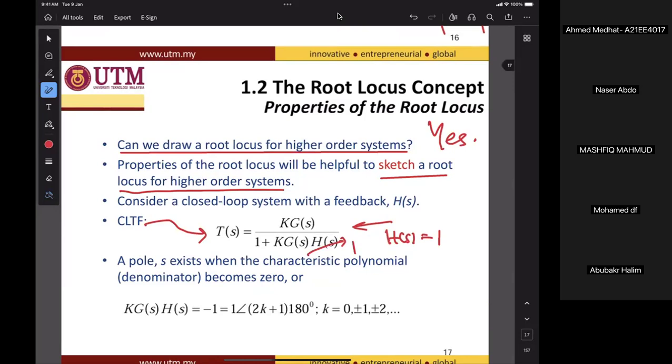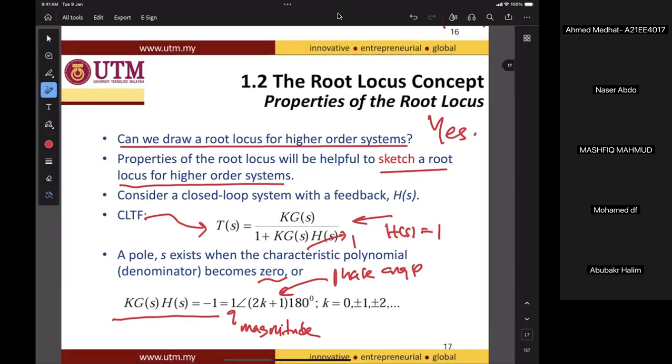A pole of s exists when the characteristic polynomial denominator becomes 0, or KG(s)H(s) is equal to -1, where this is the magnitude and this part is the phase angle, where k is 0, 1, 2, and so on.